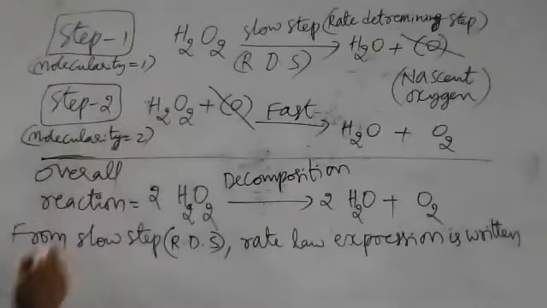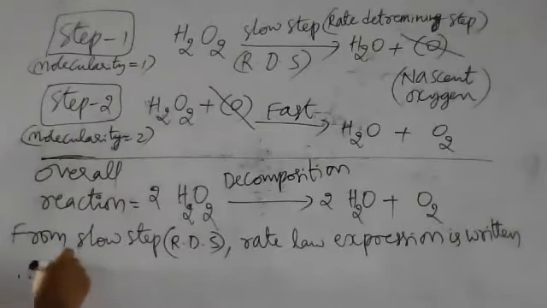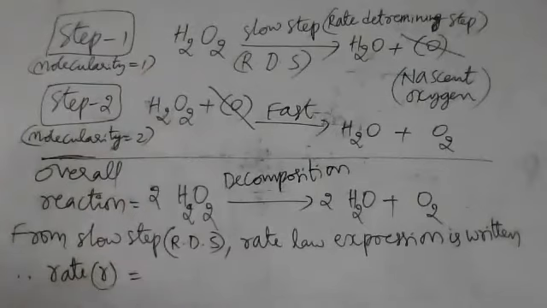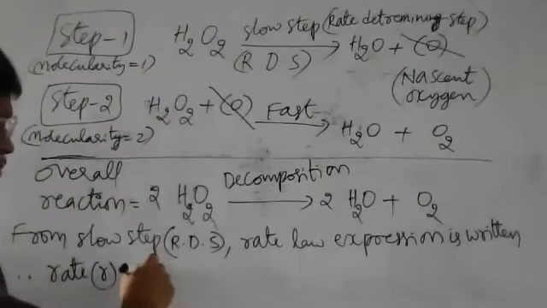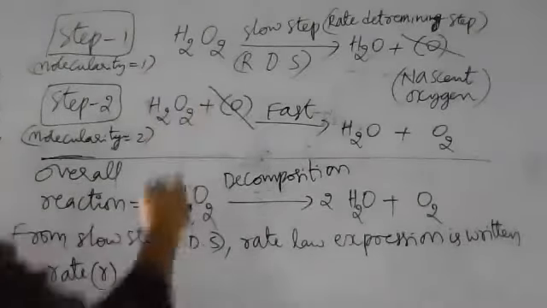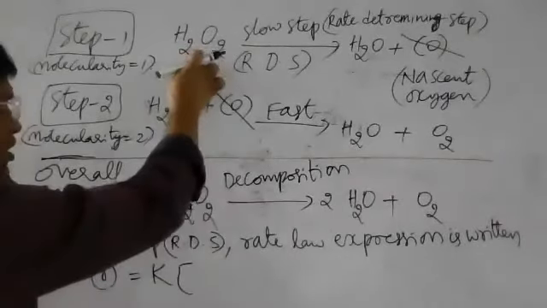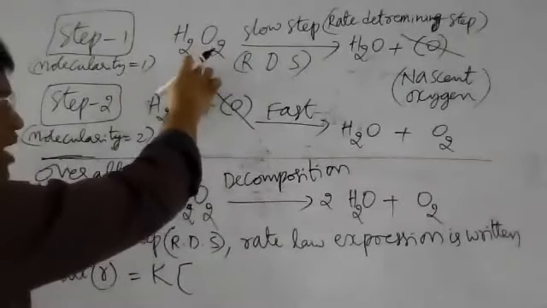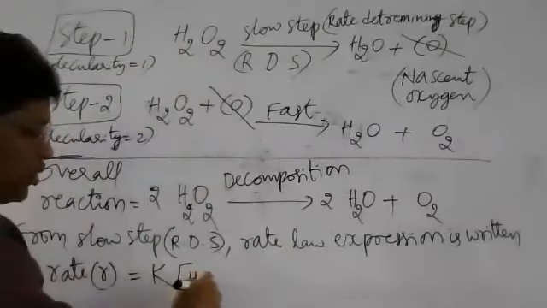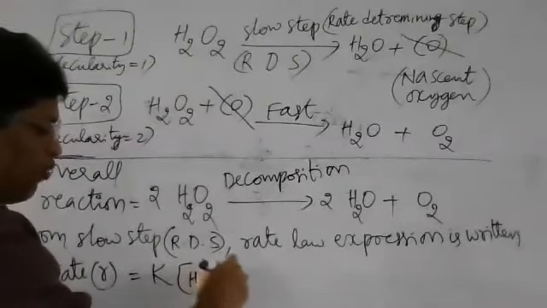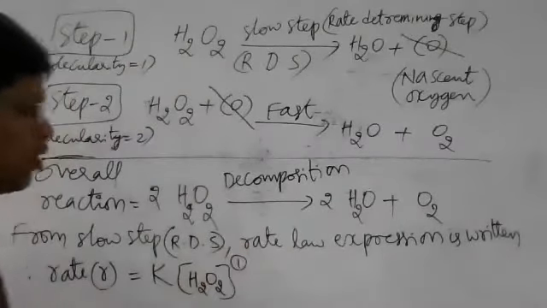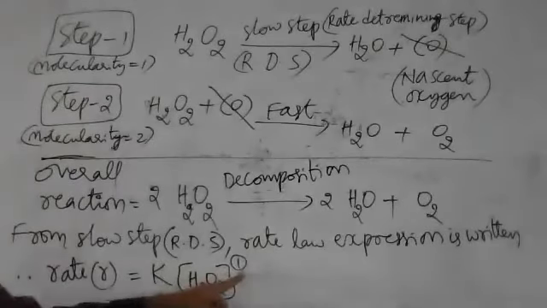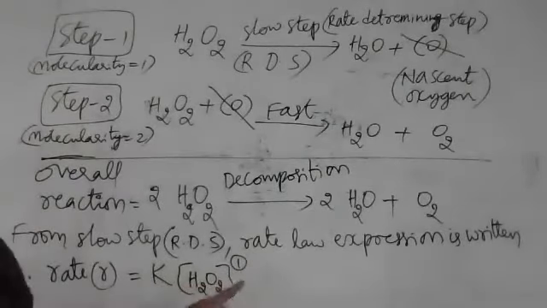Now from slow step, therefore rate is equal to rate constant K into concentration of reactant. In first step, slow step, what is the reactant? H2O2. So H2O2 to the power of what now? 1. The power of concentration of reactant is 1 here.